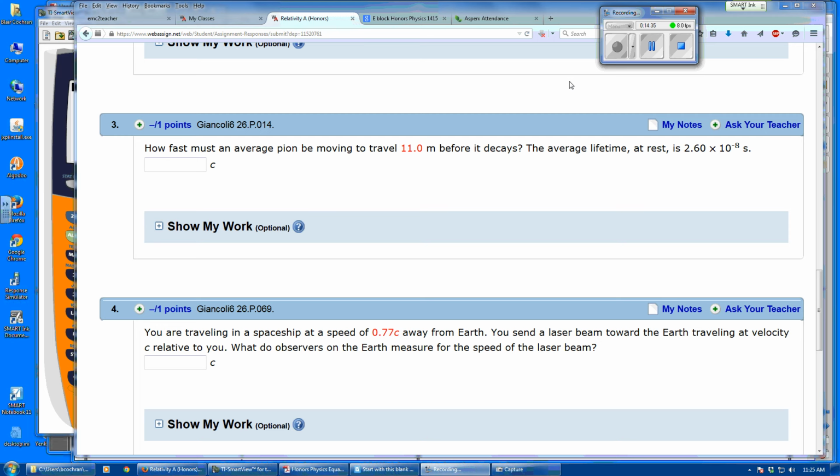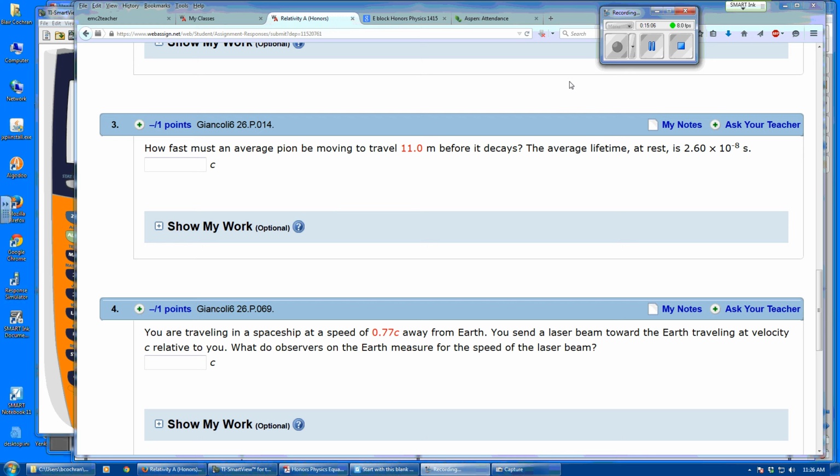Alright, so let's look at number 3 next. And it's asking how fast would the average pion be traveling to travel 11 meters before it decays. I'm going to assume that 11 meters is in the frame of reference of the Earth. Alright? And the reason being, what we'll talk about tomorrow is the fact that not only does time dilate, but length contracts.